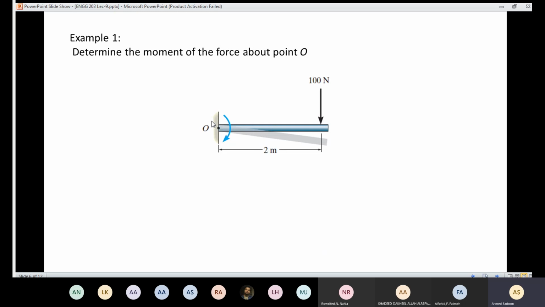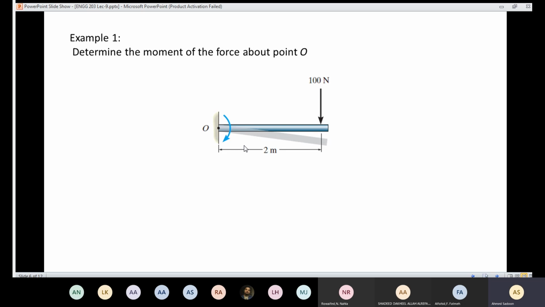I need to know the moment about O. So of course, the axis of the moment is going to be perpendicular to the screen here, and the direction, since the force is here, imagine that you apply the force, and as a result, that bar moved here. That means the rotation is going to be in this direction, which is clockwise.